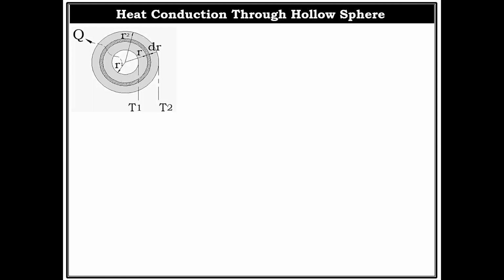The inner surface has a temperature T1 and the outer surface has a temperature T2, and as heat is transferring radially from inner surface to outer surface, it means T1 is higher than T2. It may be in a reverse direction also, but in that case T2 must be higher than T1. But for our diagram, T1 is higher than T2 and heat is transferring from inner surface to outer surface through conduction.